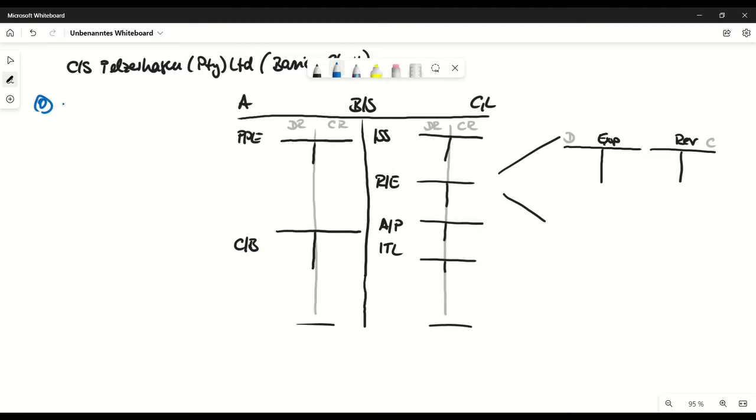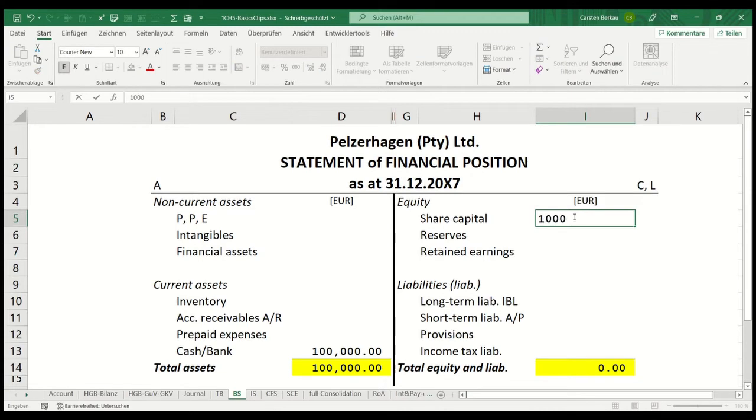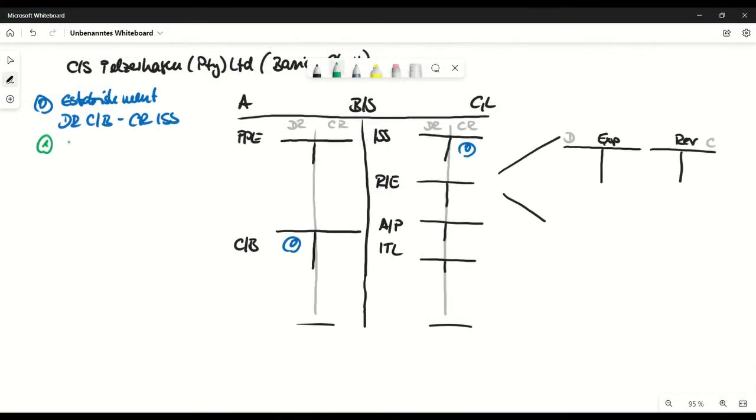Bookkeeping entry 0 is about the establishment of the business. I make a debit entry in cash bank and a credit entry in the issued capital. I make a debit entry in the asset account, cash bank, and I record a credit entry in share capital. The next bookkeeping entry is for rent.